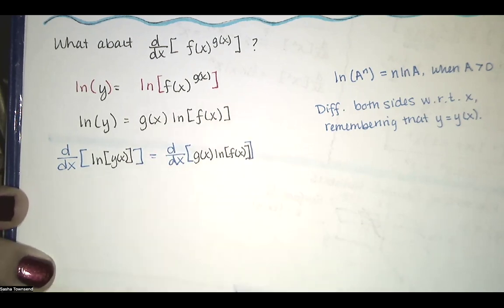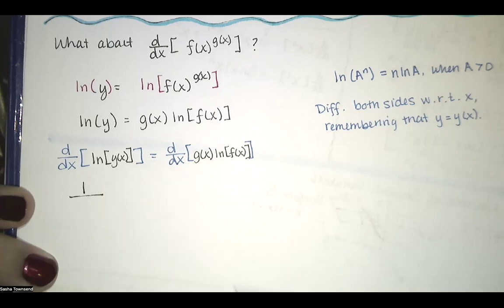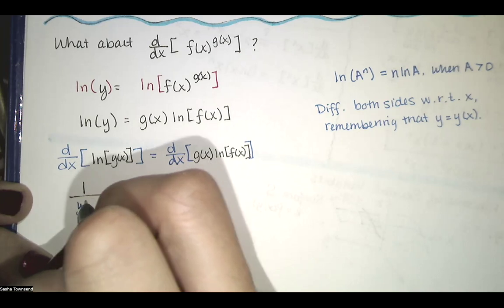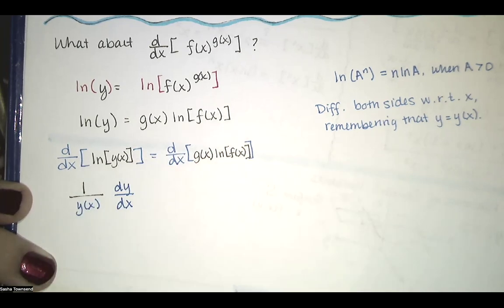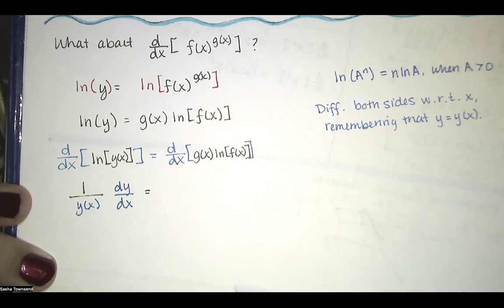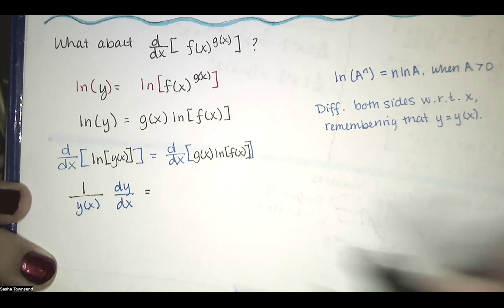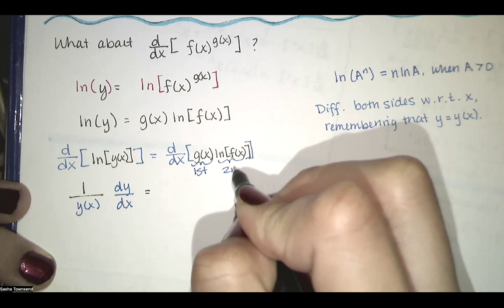Okay, well, what's the derivative of log of a function? It's 1 divided by the function times the derivative of the inside by the chain rule. That equals the derivative of this right-hand side using the product rule. Call this the first function, call this the second function.